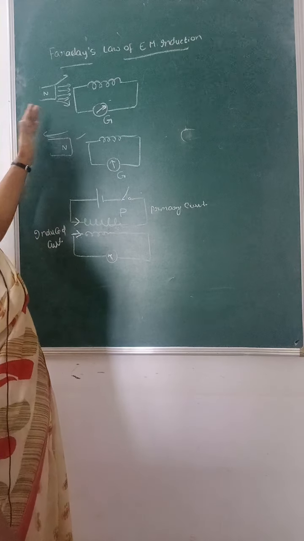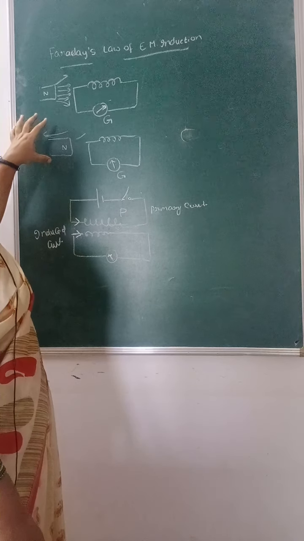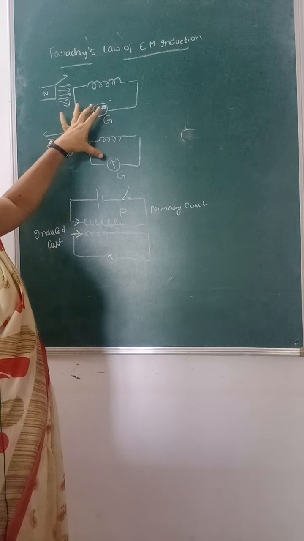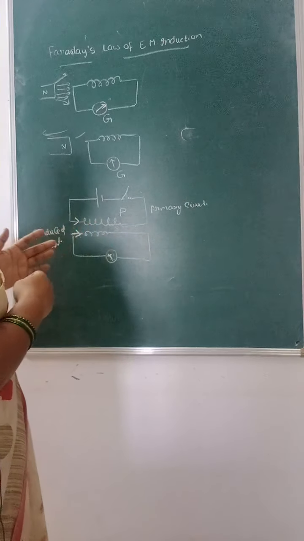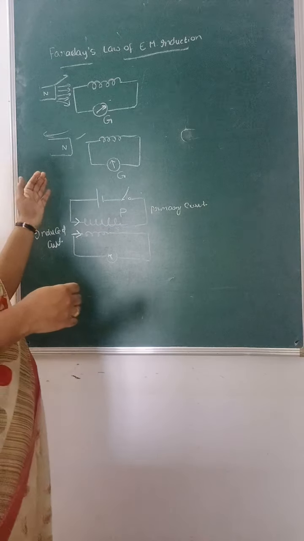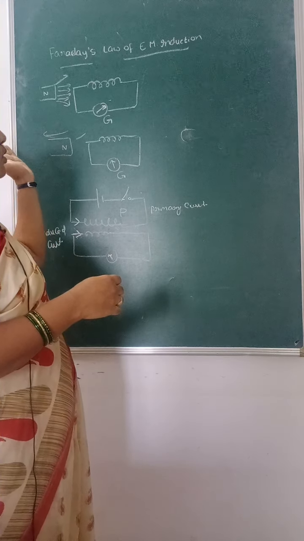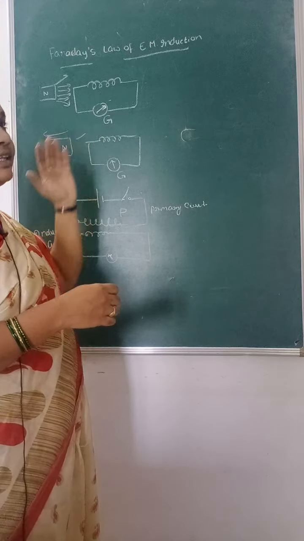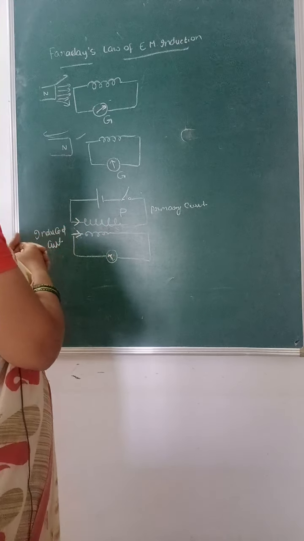In the first experiment we fixed the coil and moved the north magnet towards and away from it. If the north pole is moved towards the coil, the deflection of the galvanometer is opposite to the direction of motion of the north pole.